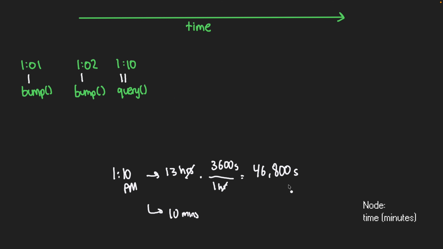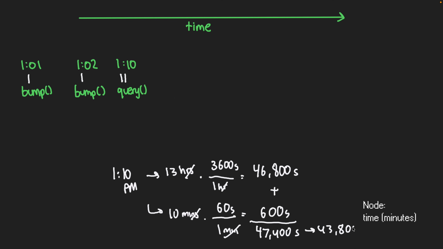These cancel out, and you get, and I pre-calculated this before, 46,800 seconds. You want to add that with 10 minutes in seconds. Okay, so how many seconds are in 1 minute? Easy, that's 60. These metrics cancel. You get 600 seconds. You add them together. What do you get? 47,400 seconds. That's what you get from the method. Now, 1 hour before this would be 43,800 seconds.